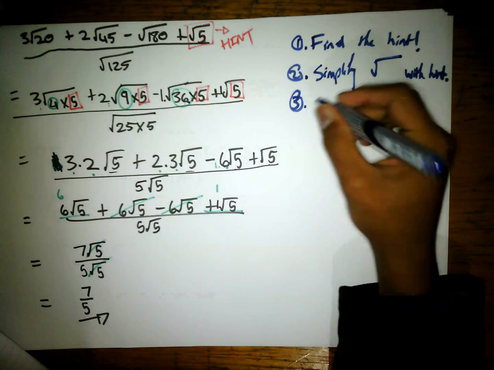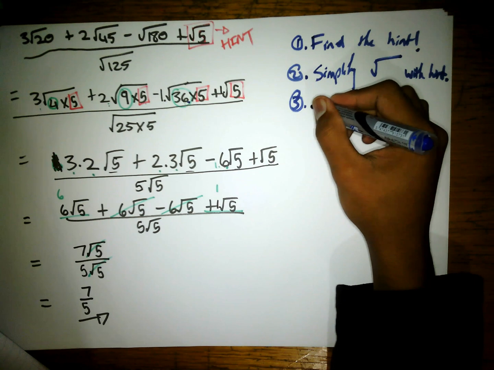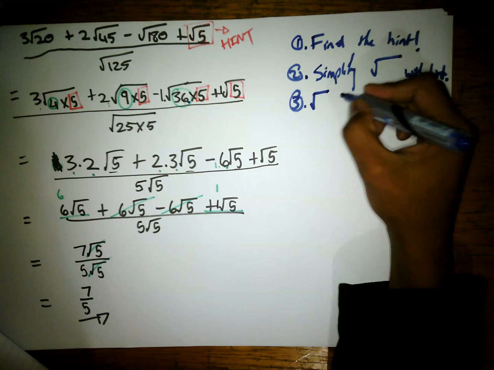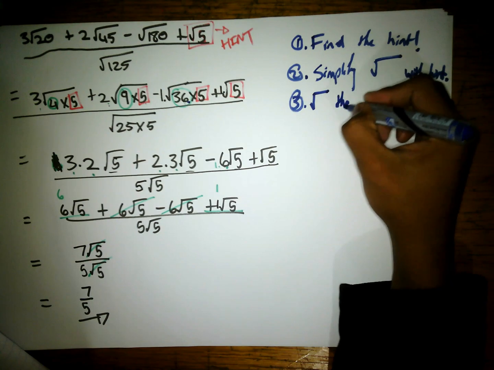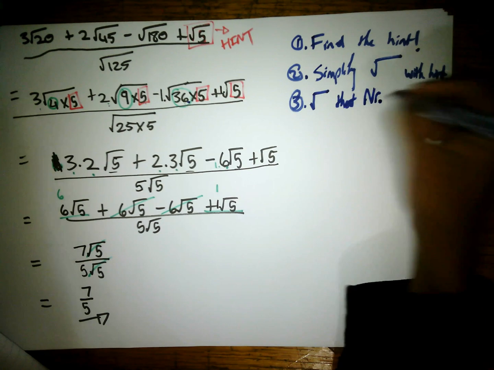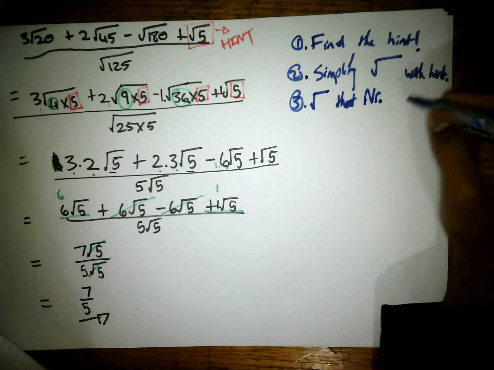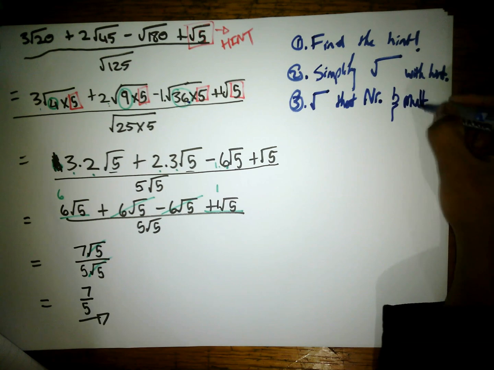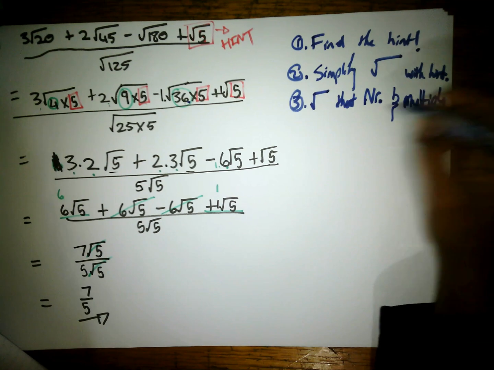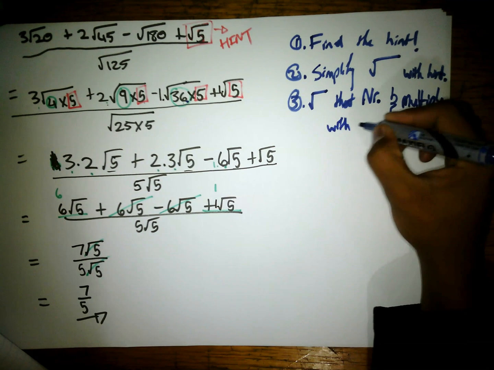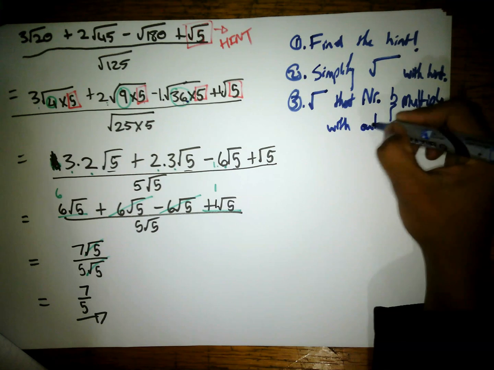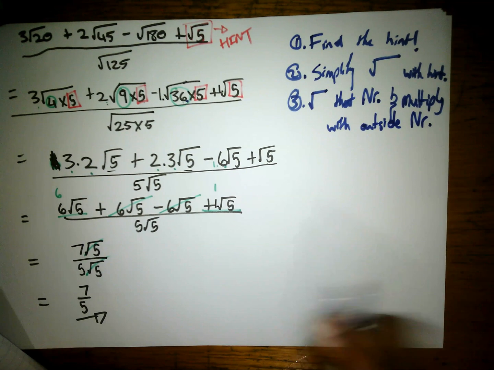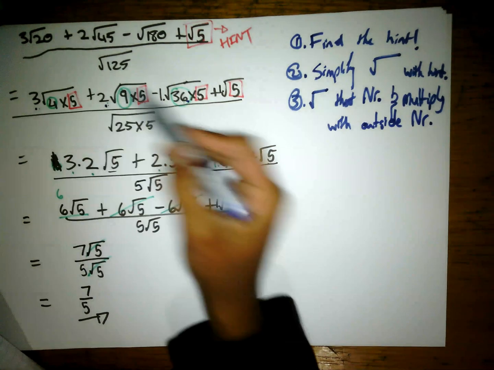Then you square root that number, and then multiply with the outside number, if there is one, like that 3 that's there, that 2, or this 1.